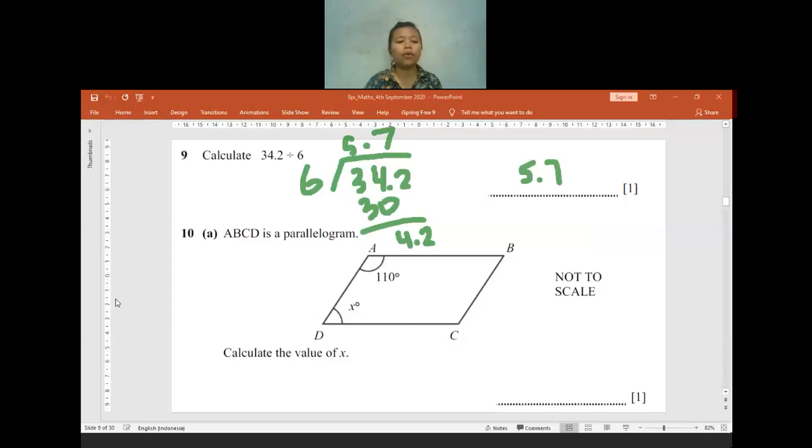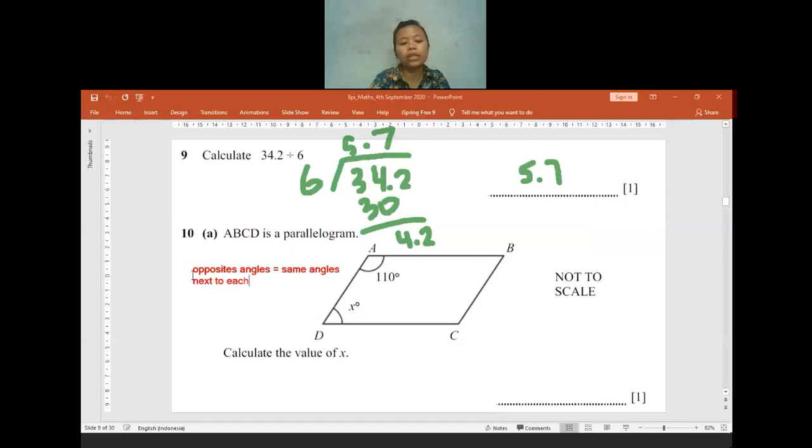If no one has a question, I will move to question 10. When you have a parallelogram, there are two main angle properties. The opposite angles have the same angle.